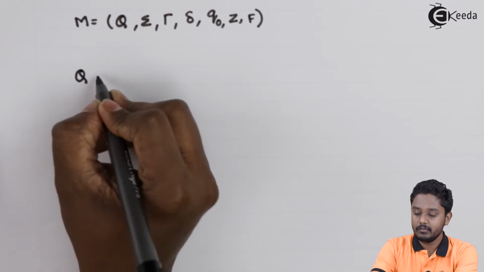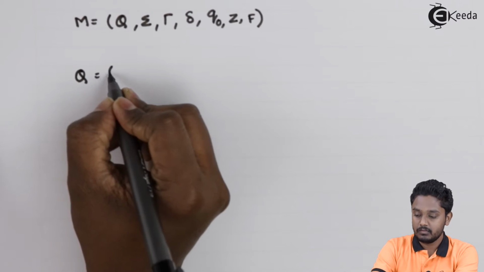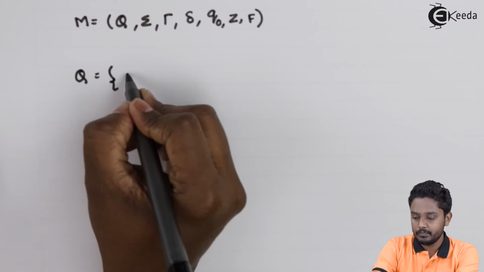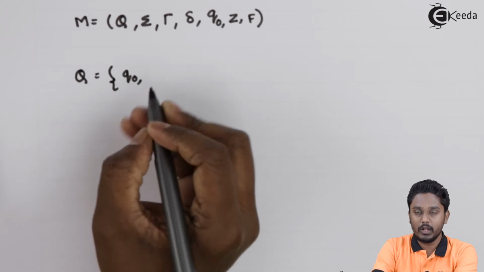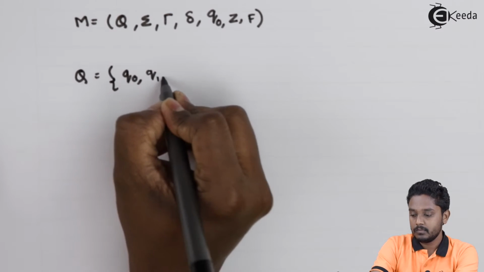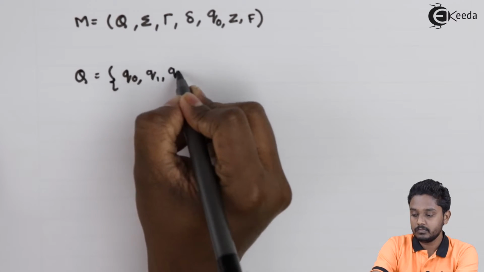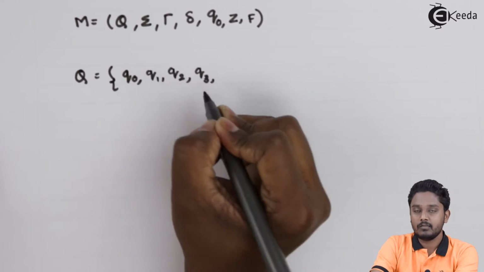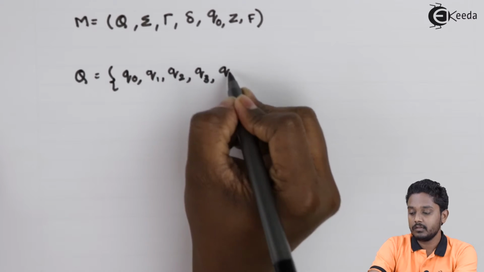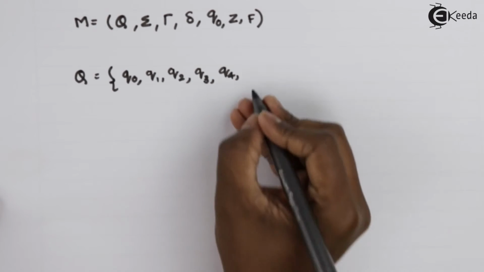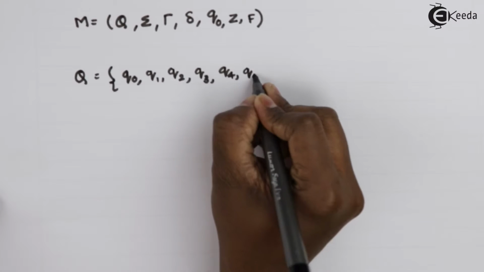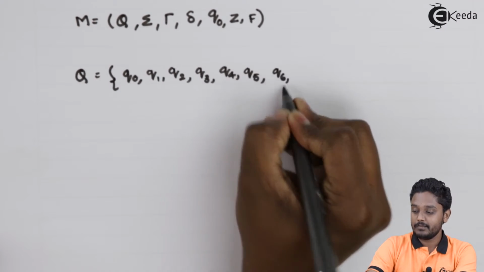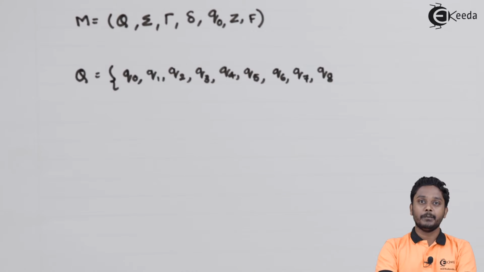Q will contain Q0, Q1, Q2, Q3, Q4, Q5, Q6, Q7, Q8, and Q9.